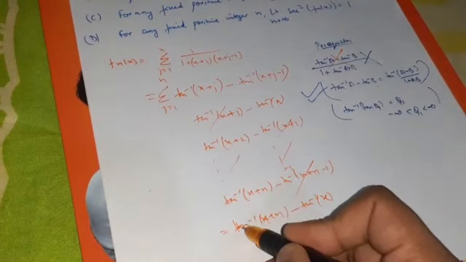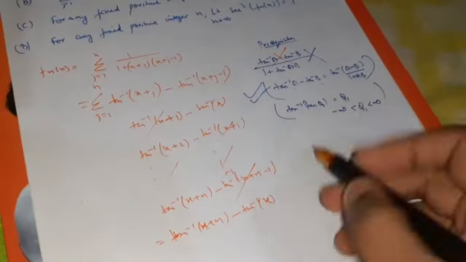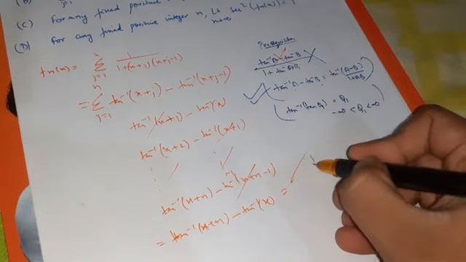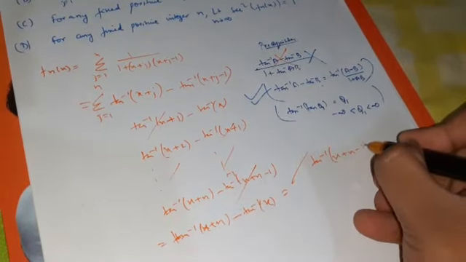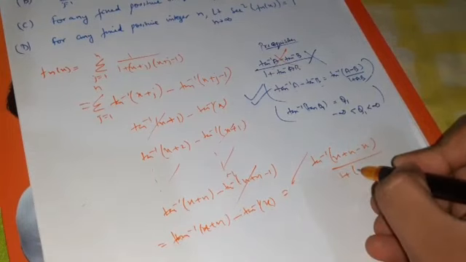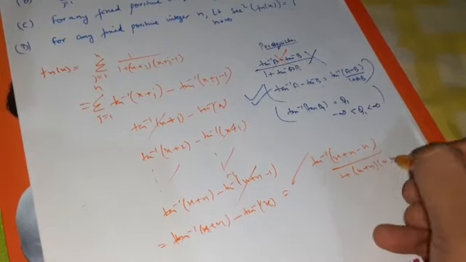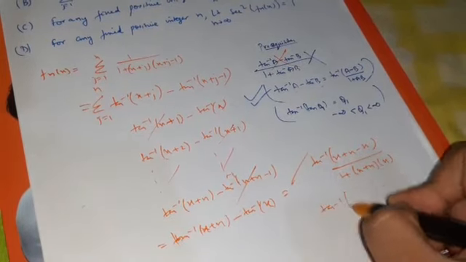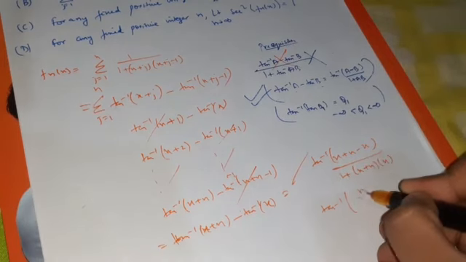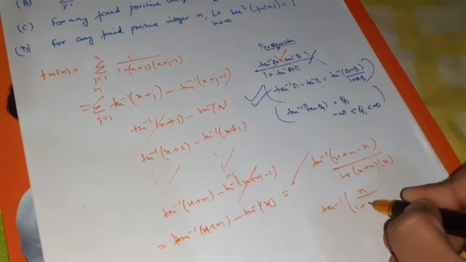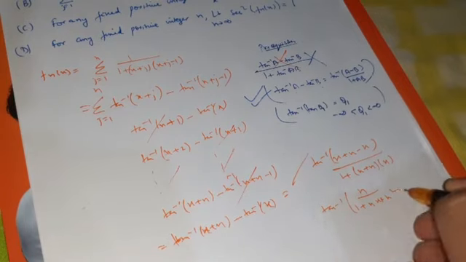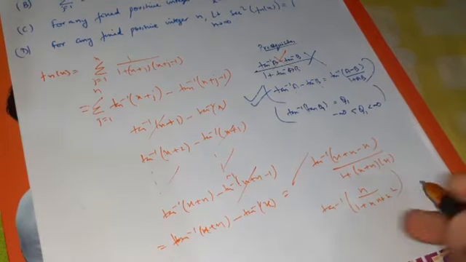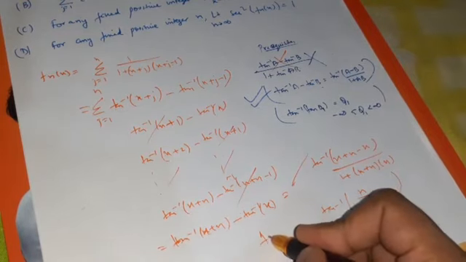You can also simplify this using the same formula: tan inverse of (a minus b), where a minus b is (x plus n) minus x, by 1 plus (x plus n) into x. The x will cancel, so we get tan inverse of n by (1 plus nx plus x square). Now this is the function we got, fn(x).